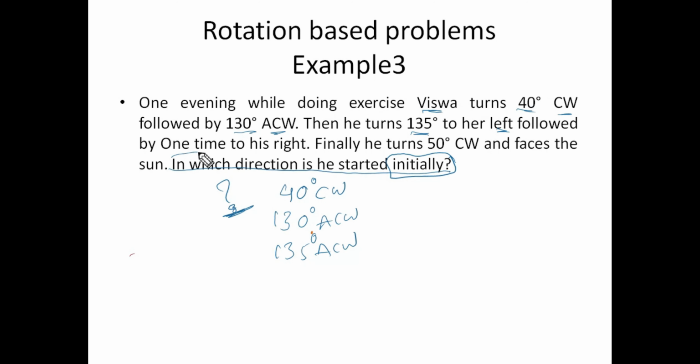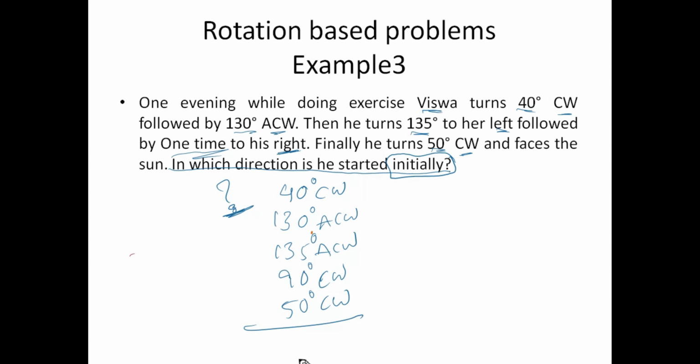Followed by one time to his right. One time means 90 degrees. Right means clockwise, so totally it is 90 degrees in the clock direction. Finally he turns 50 degrees clockwise and faces the sun.